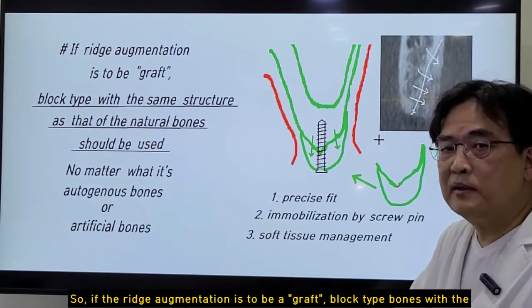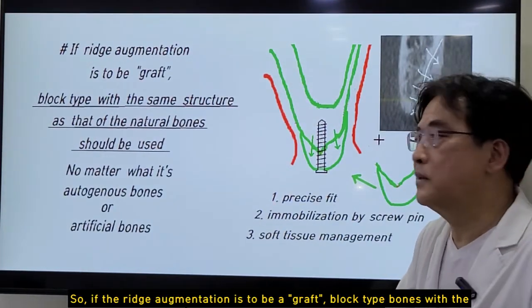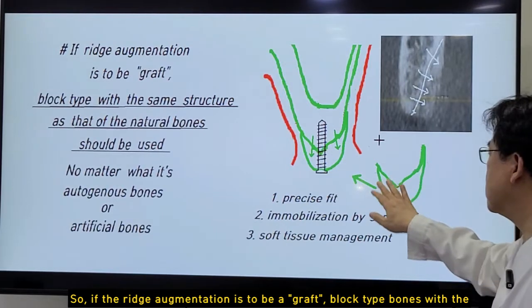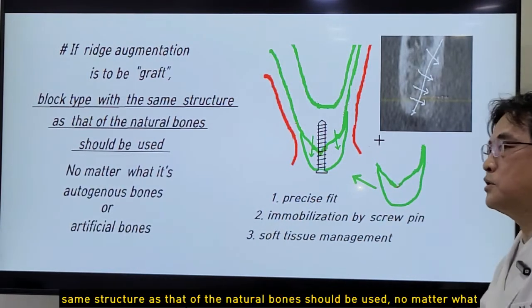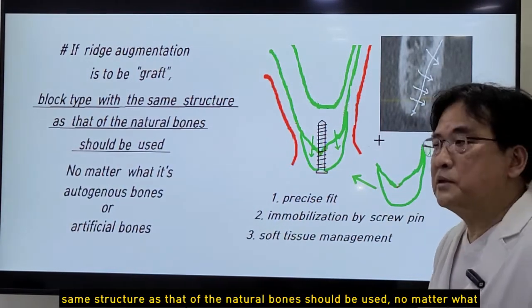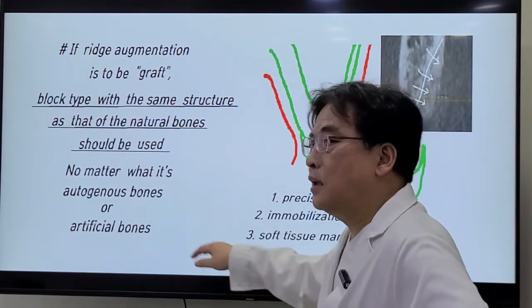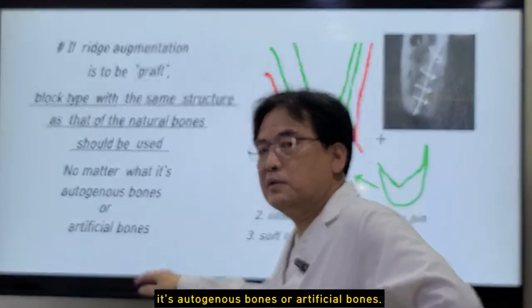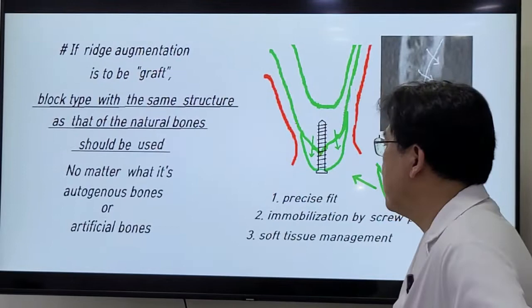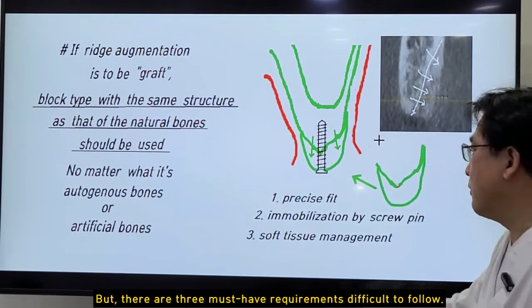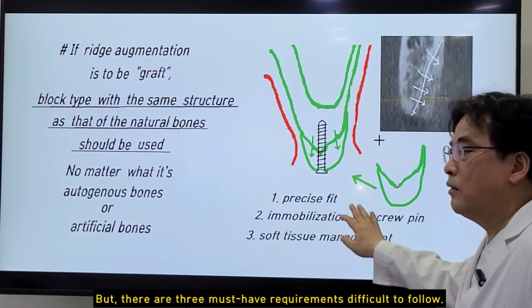So, if ridge augmentation is to be a graft, block-type bone with the same structure as that of natural bone should be used, no matter whether it's autogenous bone or artificial bone. But there are three must-have requirements that are difficult to follow.